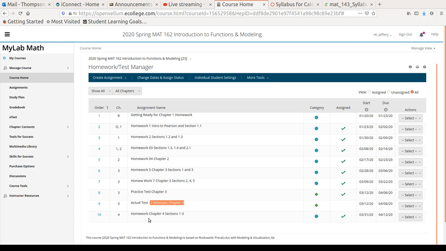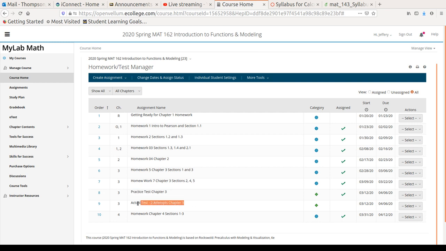Then the homework for the material we're covering today is due the end of next week. I should say the first 3 sections of Chapter 4. And so that is up on Pearson. This practice tests and little quizzes I'm going to be dropping down. I left a practice test so we would get an idea of how testing worked on Pearson.